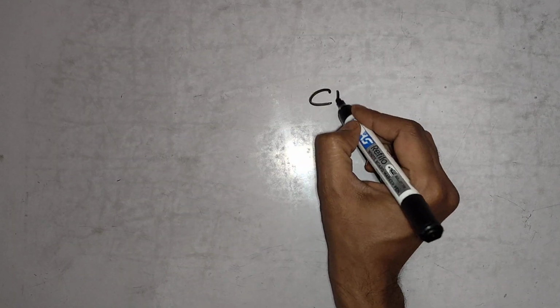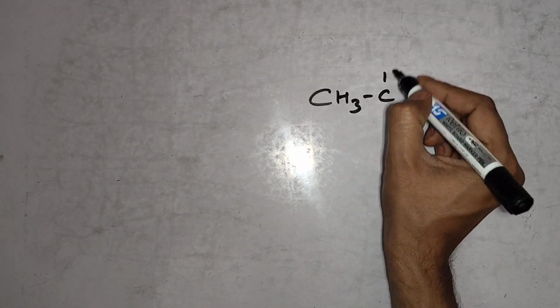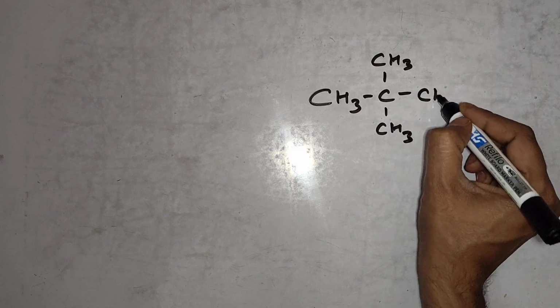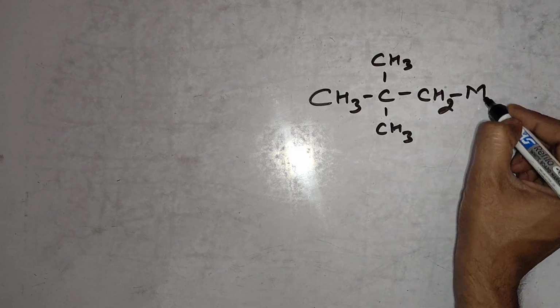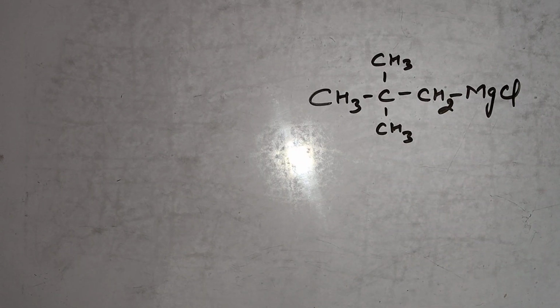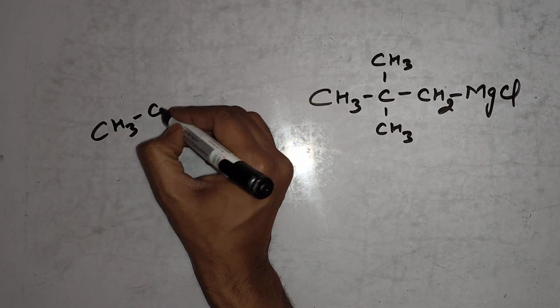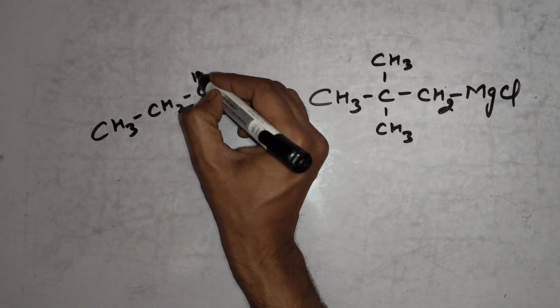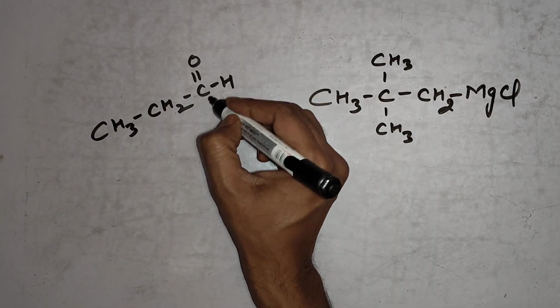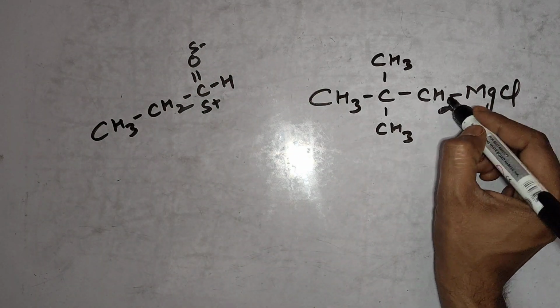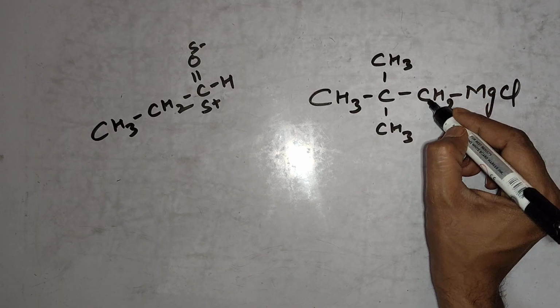One more example. Suppose I have a Grignard reagent, CH3CH2CH2CH2MgCl. And here I have an aldehyde, CH3CH2COH. Partial positive, negative. Now which carbon is negative here? The carbon which is connected with magnesium, this carbon.